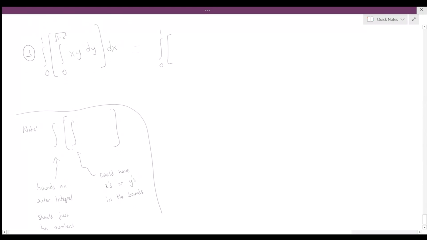Okay. So on the inside, we're treating x as a constant and just integrating y. So we're just going to get y squared over 2. And then we need to plug in 0 and the square root of 1 minus x squared for y, okay?